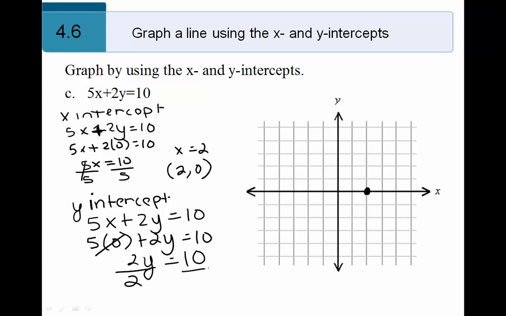Divide both sides by 2. So y is equal to 5. So my y-intercept is the point 0, 5. So that's left or right 0 and up 5. 1, 2, 3, 4, 5. So the line goes through those 2 points.